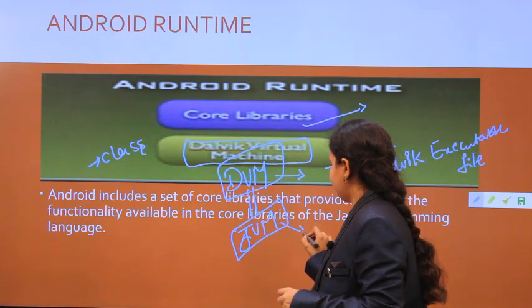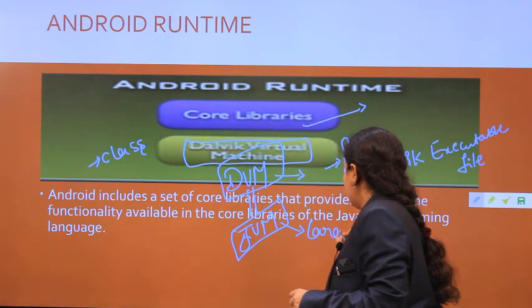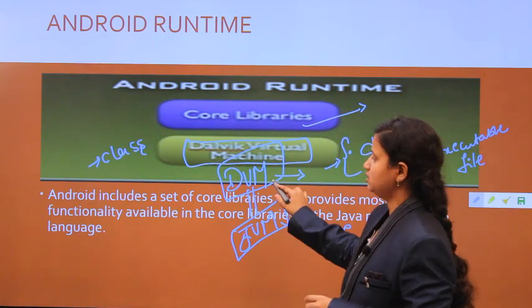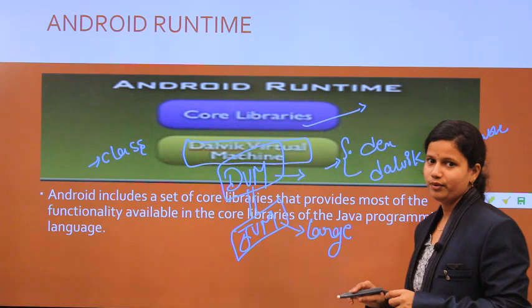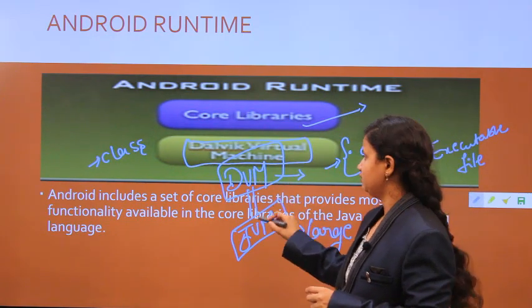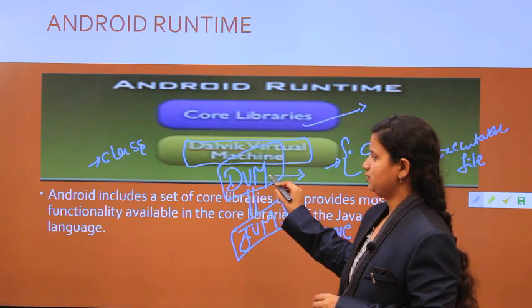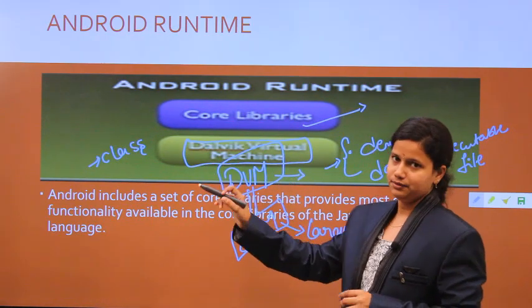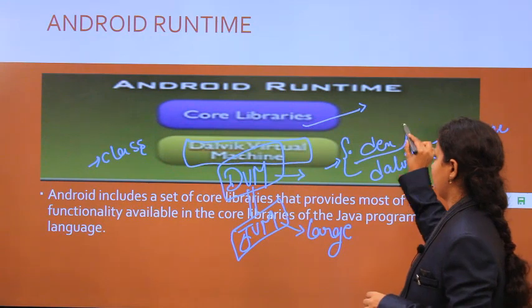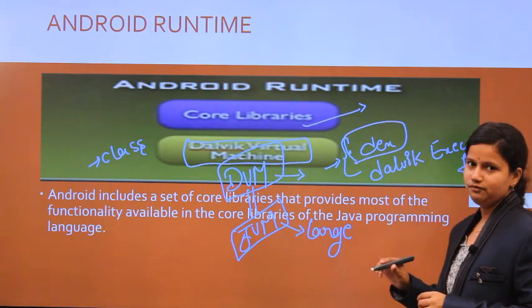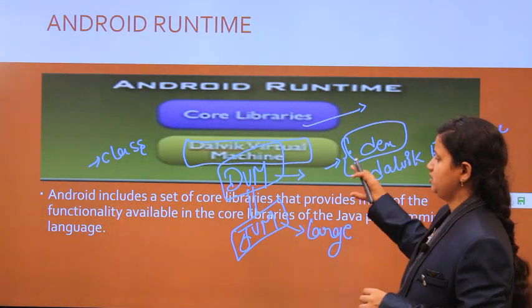The JVM generated file format is larger compared to the DVM generated file format. That is why we go with the DVM. So the DVM is for the execution of your .class file into a .dx file format, Dalvik executable file format. So this is the Android.